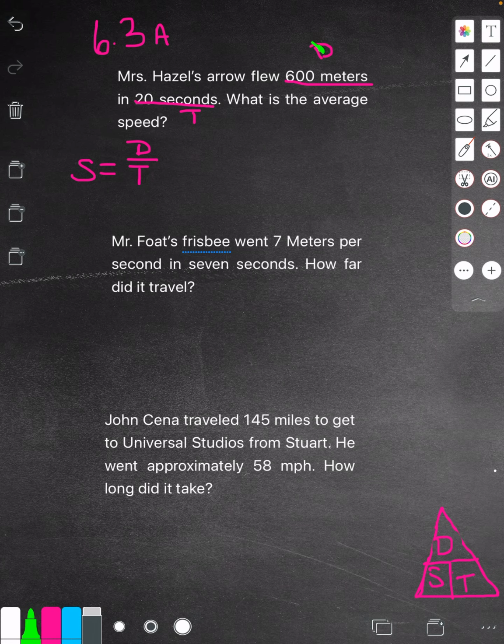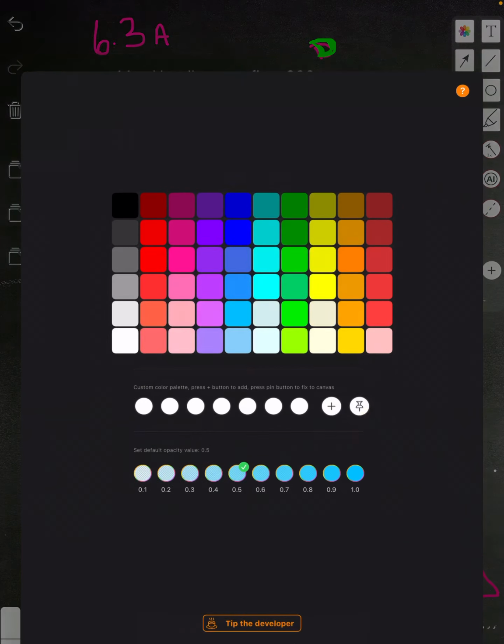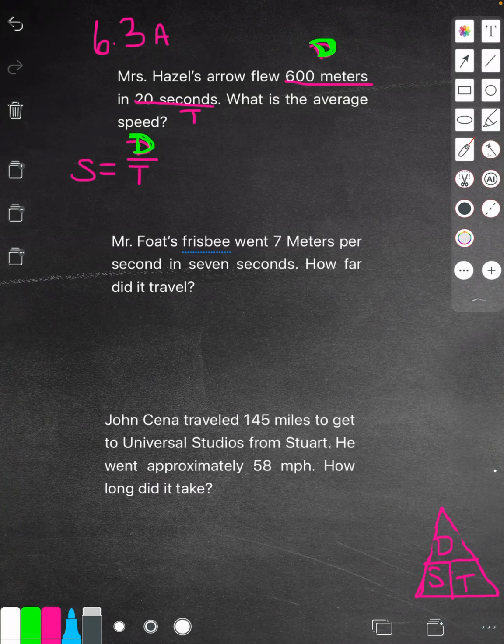Okay, so the first thing I'm going to do is I'm going to turn distance into green, so that I know every time that I see distance, it's going to be green. Every time that I see time, it's going to be blue. All right, here we go.